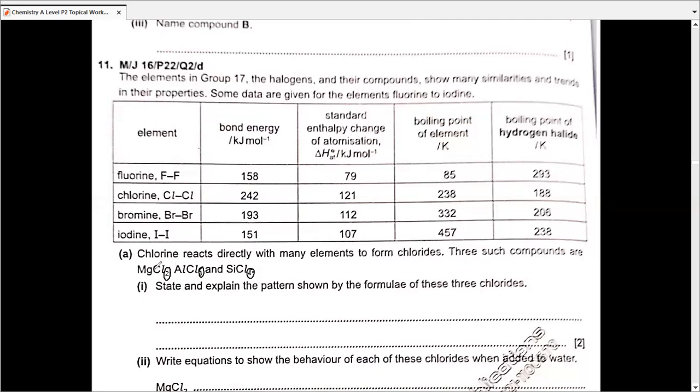So if you explain that the valency or the oxidation number increases from left to right, and that's why it's capable of doing this, you will get 1 mark, and the number of chlorine atoms accordingly, another mark. Both marks are done. All right. Okay, so moving on.